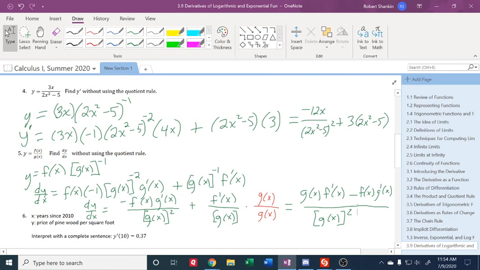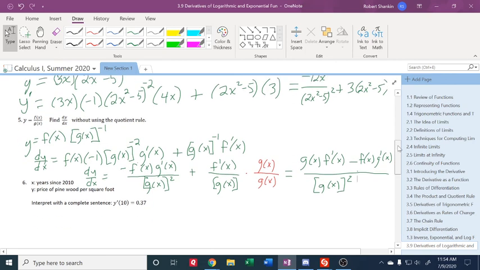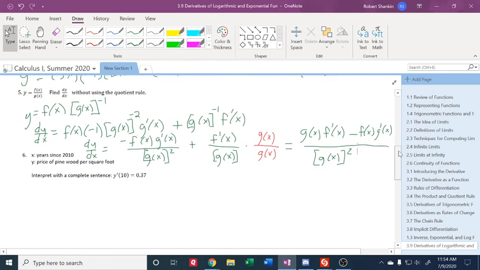And now we see why the quotient rule is the way it is. Up to this point, it was just a memorized rule that had no meaning behind it. All right. Let's go to number 6.